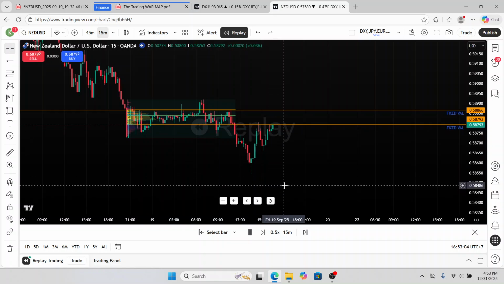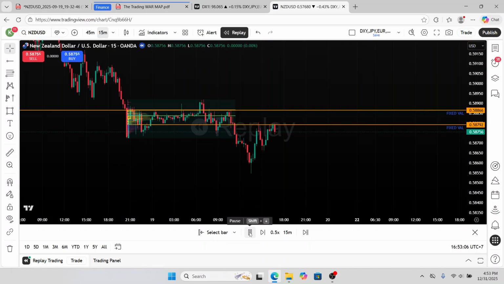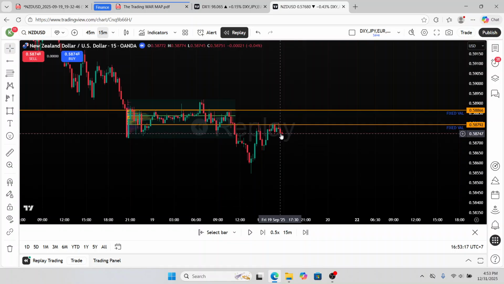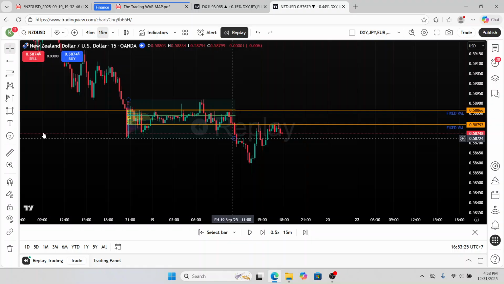Look at this. There was no close above the fixed value area low, and it kept getting rejected. Now you can see here we have this consolidation. It's 4 p.m., this is the London session now as well. Nearly 2 hours of consolidation.